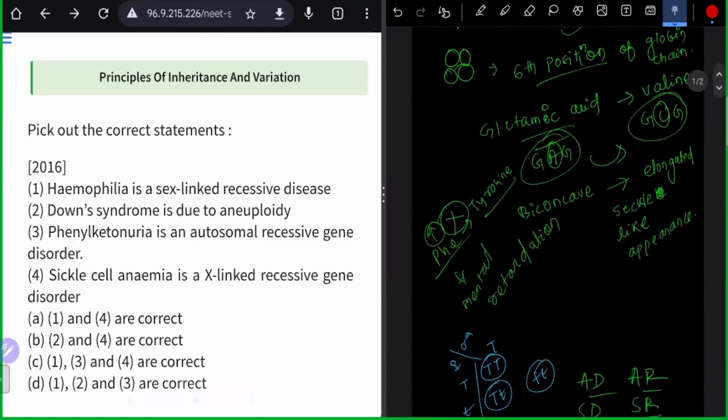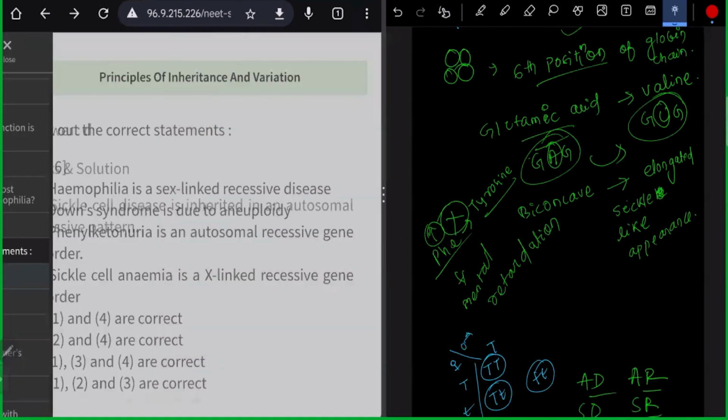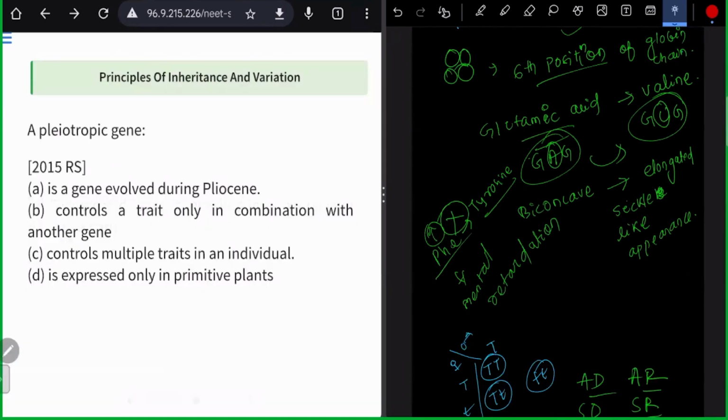Sickle cell anemia, phenylketonuria, and thalassemia are autosomal recessive. Fourth option is sickle cell anemia is X-linked. It is incorrect because it is an autosomal recessive disorder. So options 1, 2, and 3 are correct. Answer is D.